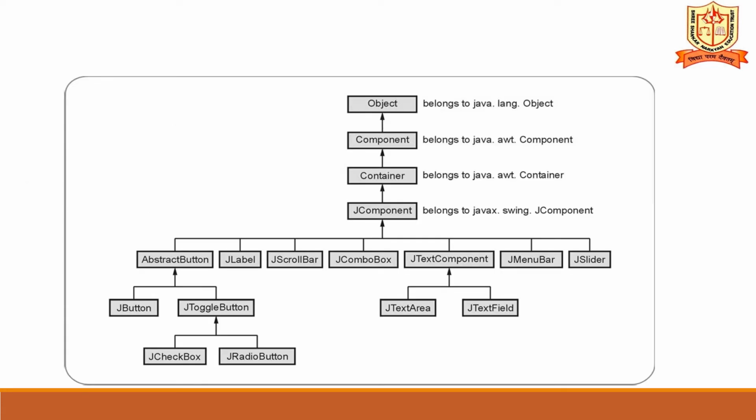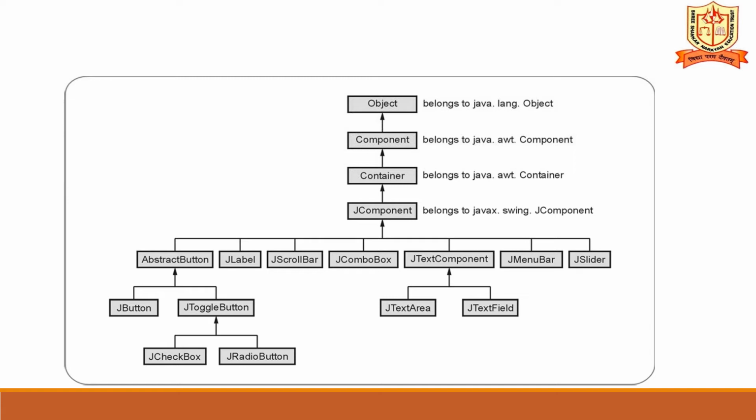Here we will see the hierarchy of Swing. Object is the topmost class of Swing, and Component is a derived class of Object which belongs to the java.awt package, and Container is a subclass of the Component class. JComponent is a subclass of the Container class which belongs to the javax.swing package.